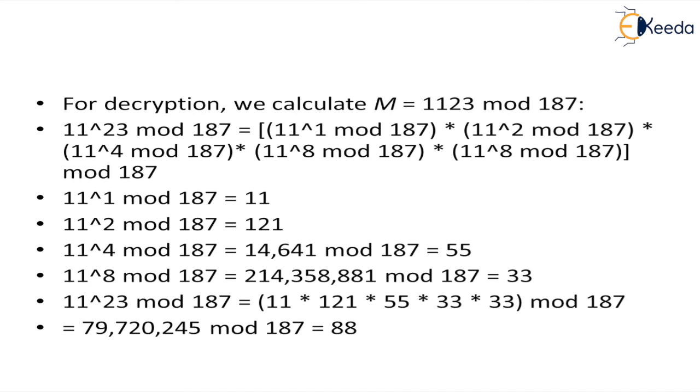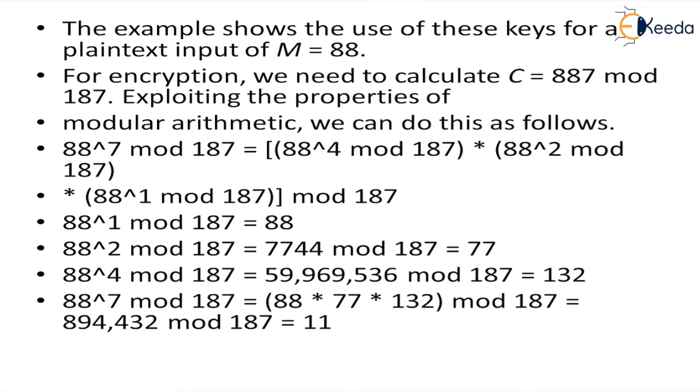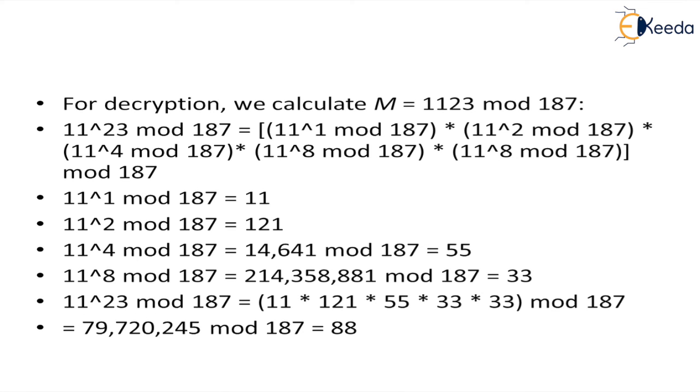That was the encryption side. Now at the decryption side, we calculate M is equal to 11 raised to 23 mod 187. So 11 raised to 23 mod 187 is calculated using 11 raised to 1 mod 187, 11 raised to 2, 11 raised to 4, and 11 raised to 8 mod 187, then multiplying the terms together mod 187.